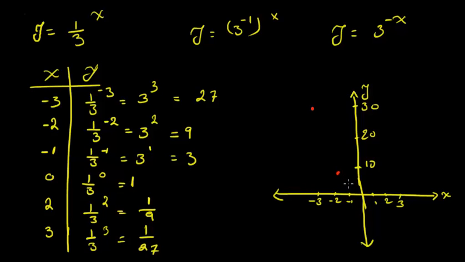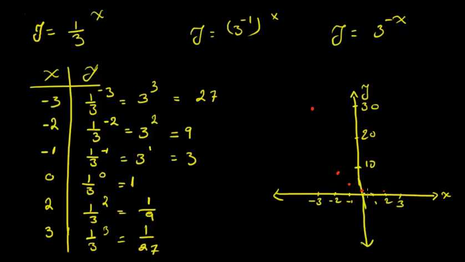So it's something here. Then when x is 0, y is 1. Then when x is 2, y is 1/9. It's going to be here. I guess I forgot to write 1 here, but it doesn't matter. It's 1/3. So we can assume we have a 1/3 here.